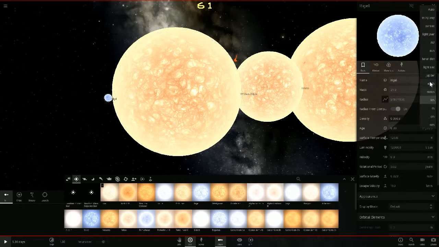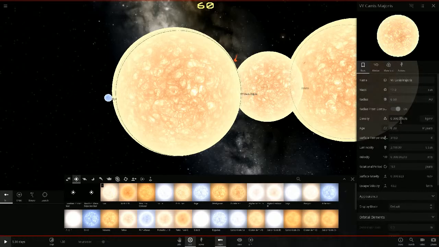Rigel is something like 0.367 astronomical units in radius, while Phoebe Canis Majoris is 6.6 astronomical units in radius, while UV Scuti is 7.94.